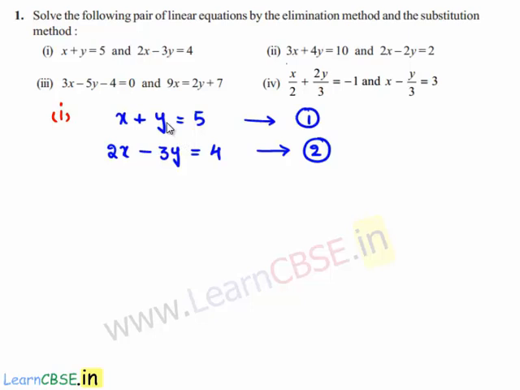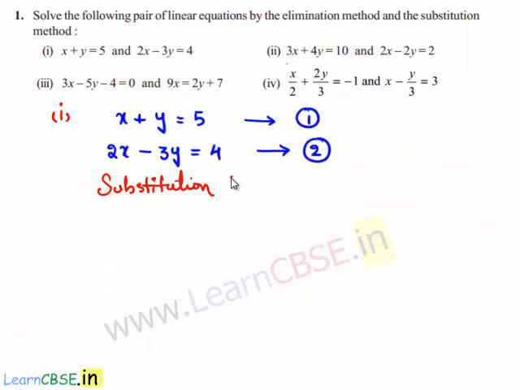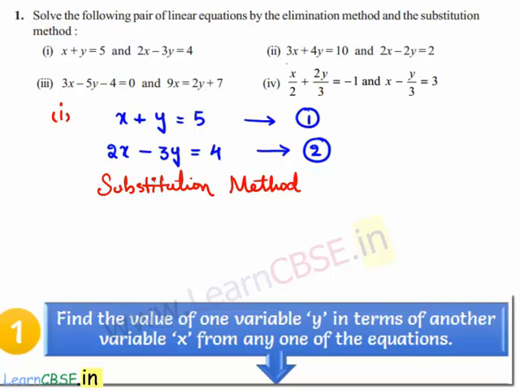Now let us solve the given pair of linear equations by substitution method. So the given equations are x plus y is equal to 5 and 2x minus 3y is equal to 4.